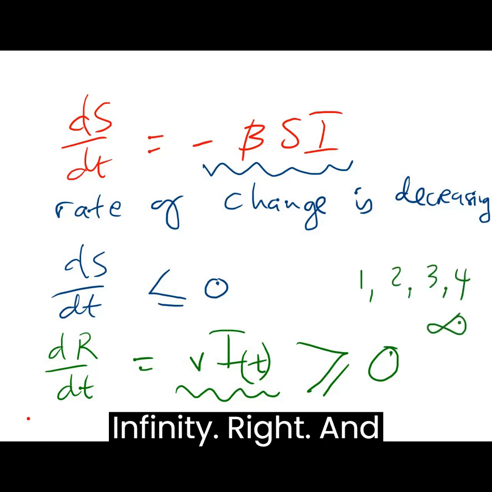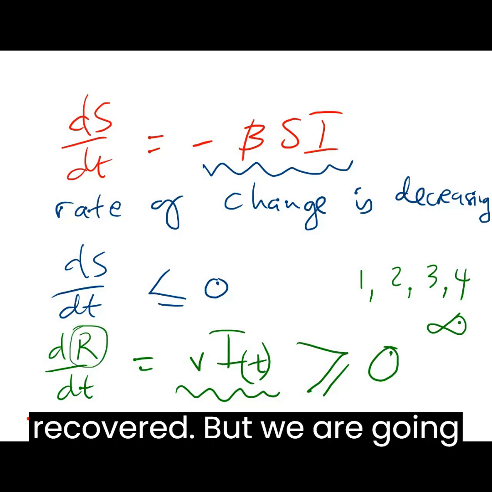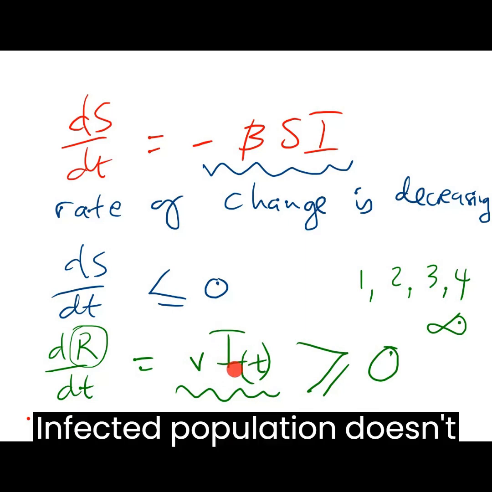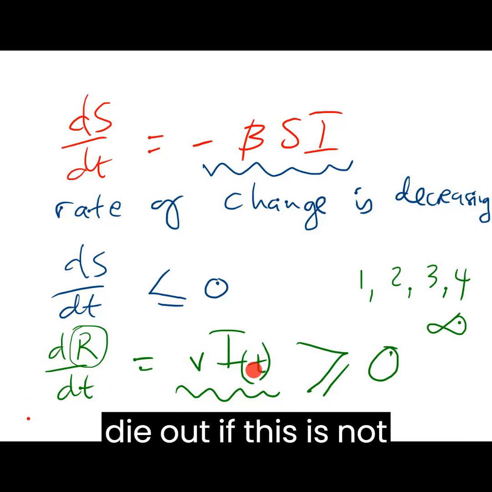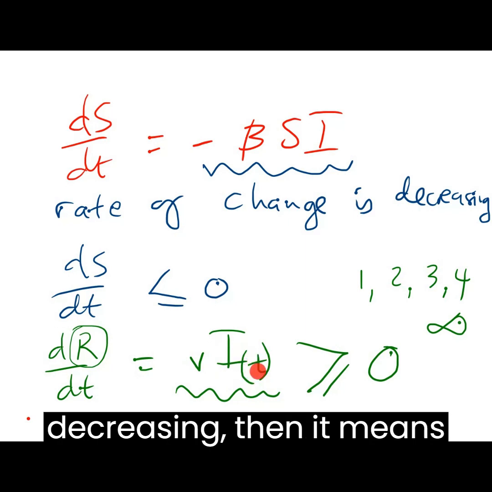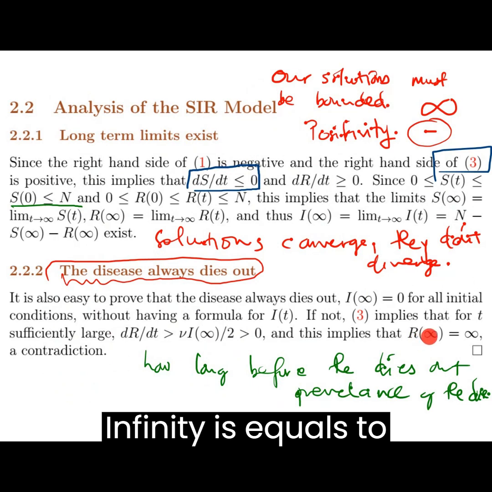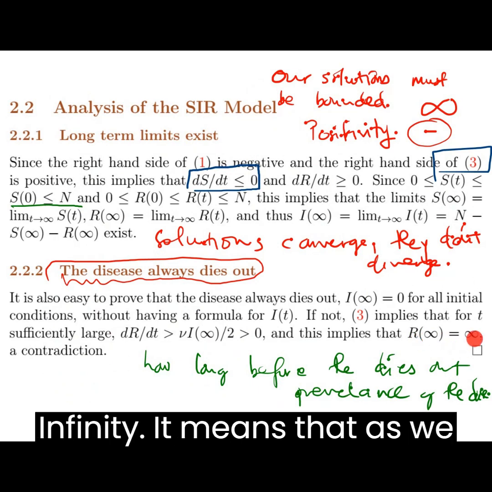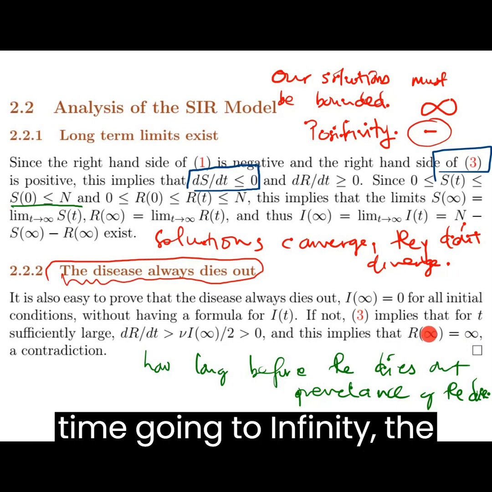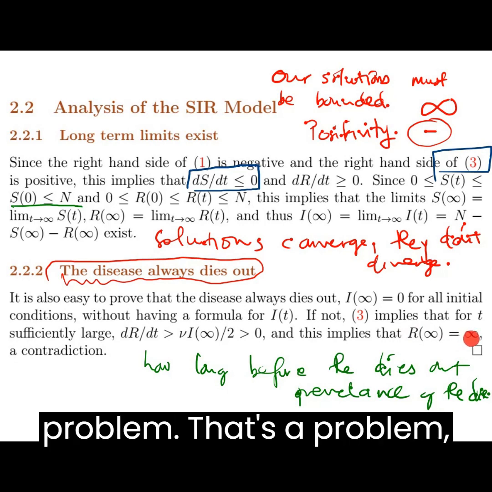And this is the number of recovered. But we are going to have a problem if our infected population doesn't die out. If this is not decreasing, then it means that R infinity is equal to infinity. It means that as time goes to infinity, the number of recovered is going to be infinite. And that's a problem.